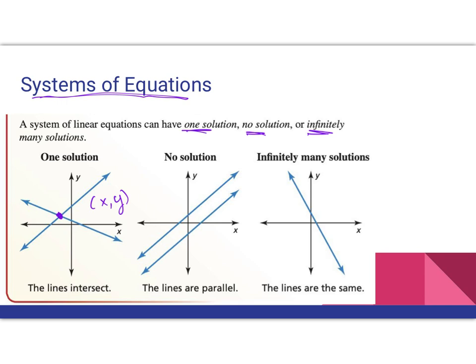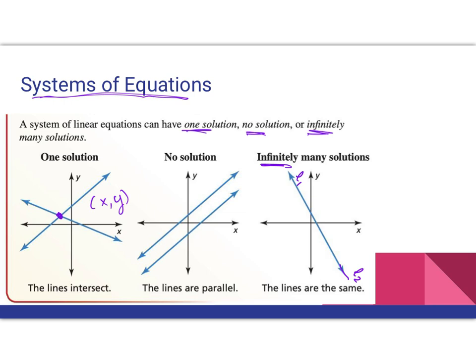And I think one of the other slides shows you what happens if you're doing it by hand when we get those two. Infinitely many means that they're actually the same line. There's actually a line 1 and line 2 here, but they're just over each other, on top of each other.